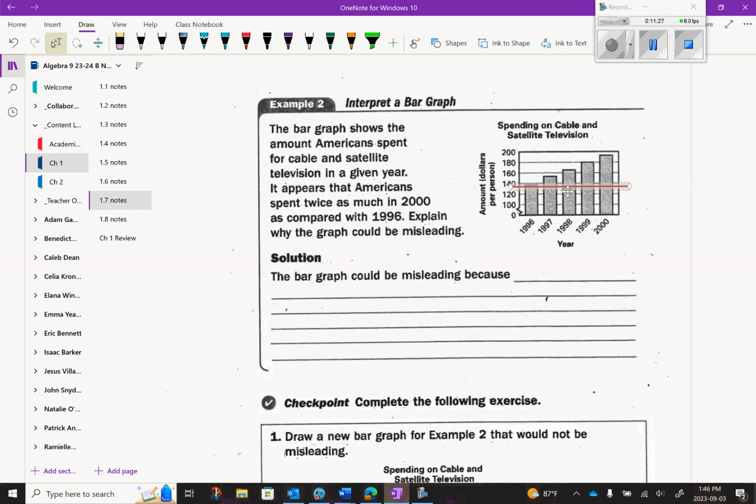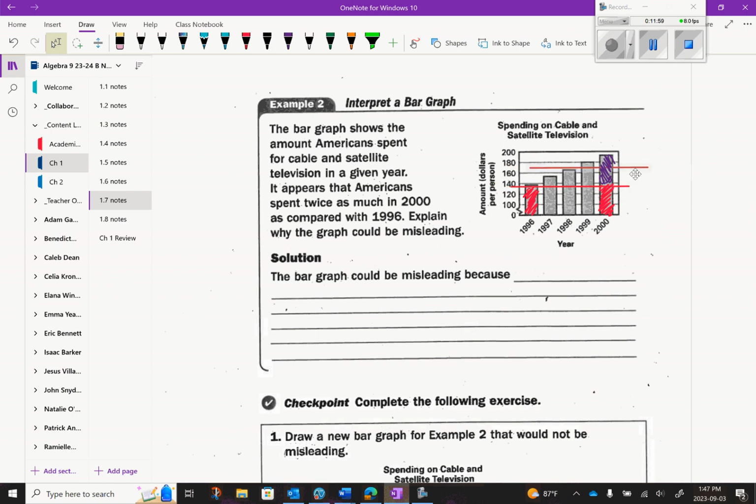So it would appear at first that, okay, the amount here and the amount here for 2000, it's almost doubled, because we have this much of it that's above that line. It looks like this red line that I'm attempting to put in here.